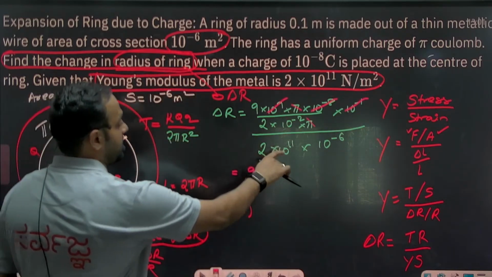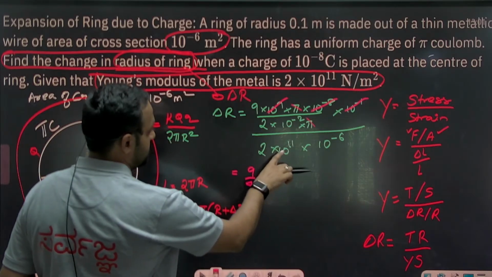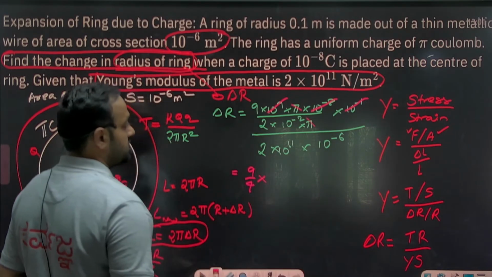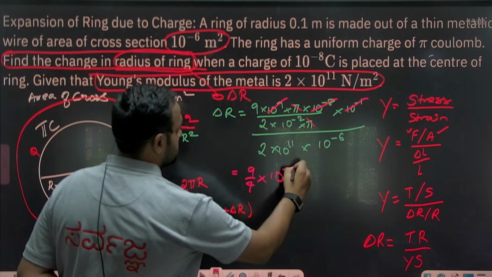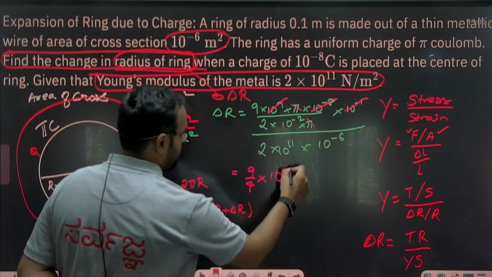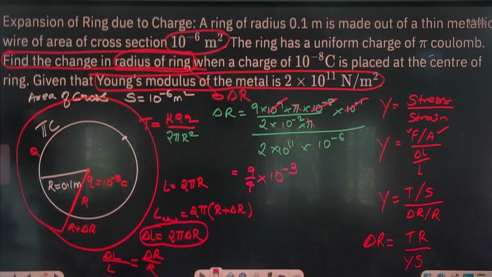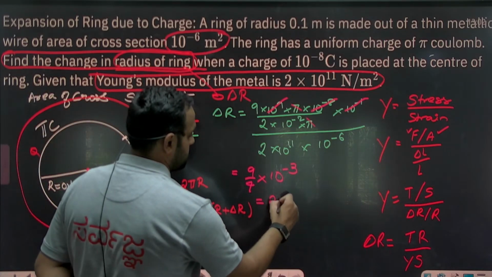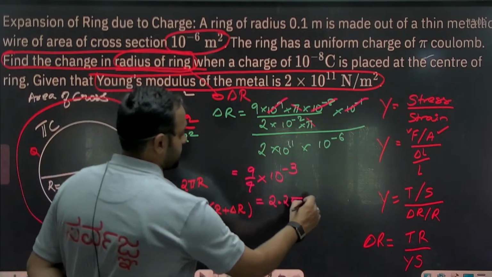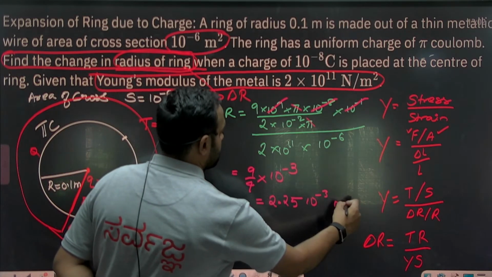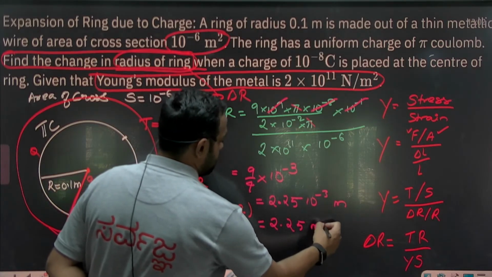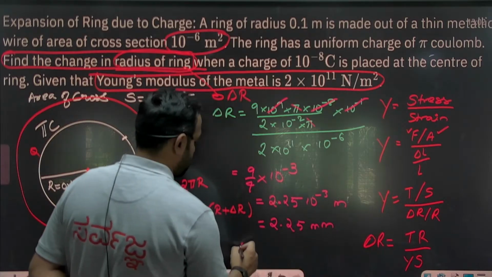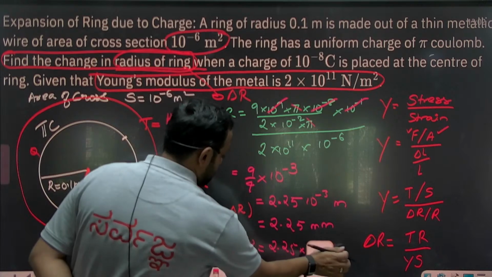So 10 power 11 and 10 power minus 8 will be 10 power 4, and so this will become 10 power minus 3. 9 by 4 into 10 power minus 3. 9 by 4 is 2.25. 10 power minus 3 is milli, so delta R is coming out to be 2.25 millimeter.